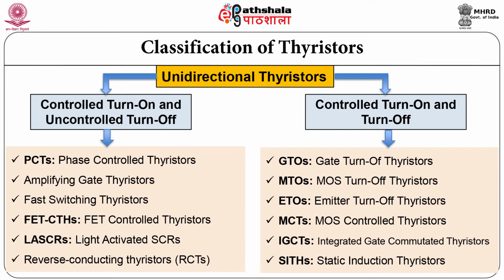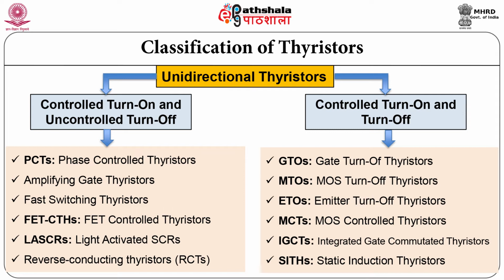If you say controlled turn on and turn off also, mainly it is called as turn off thyristors. These are gate turn off thyristors, MOS turn off thyristor, emitter turn off thyristors, MOS control thyristors, integrated gate commutated thyristor and static induction thyristor.